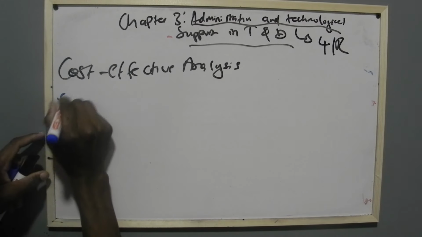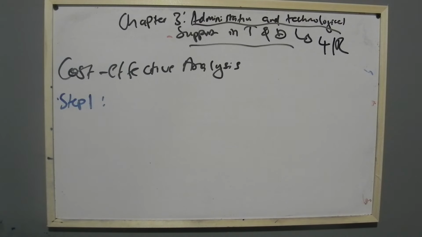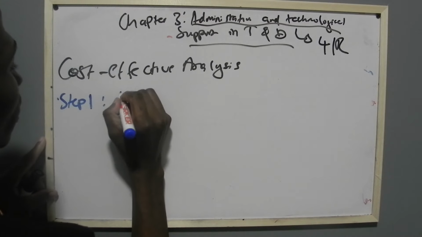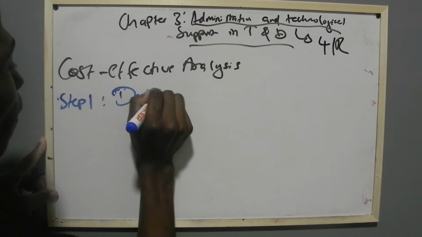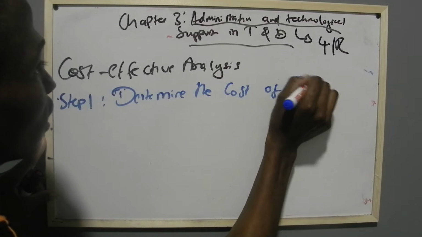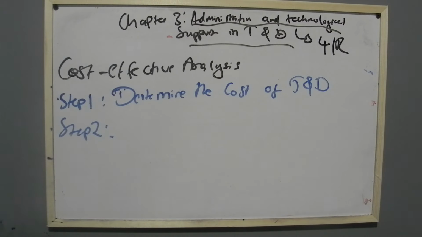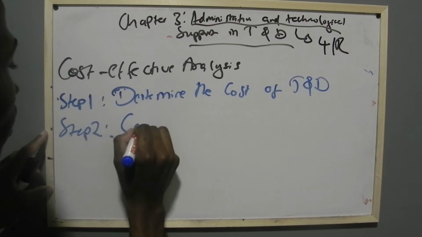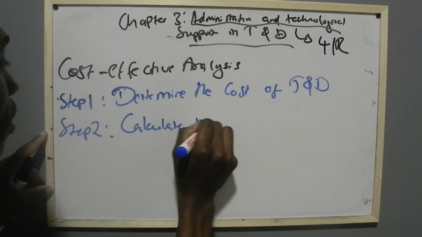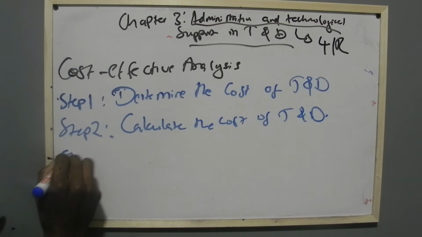Step 1 is to determine the cost of the training and development. Step number 2 is to calculate the cost of training and development.